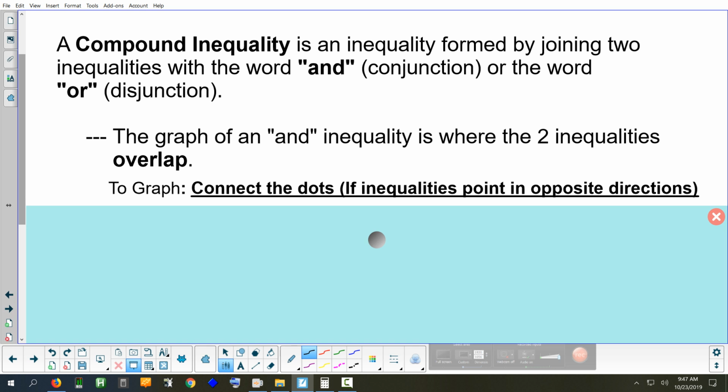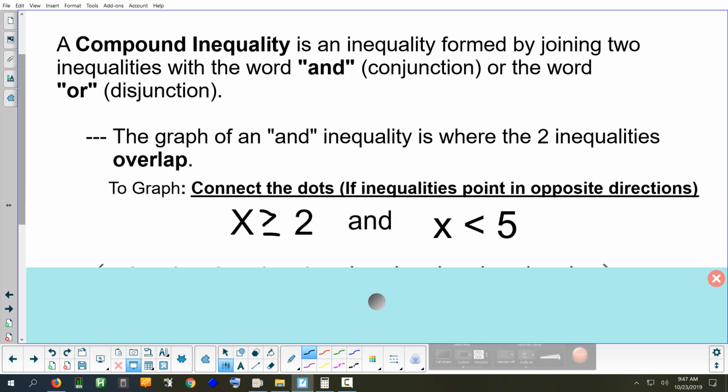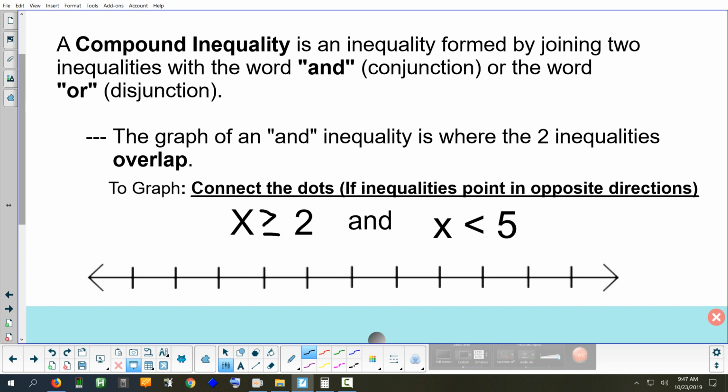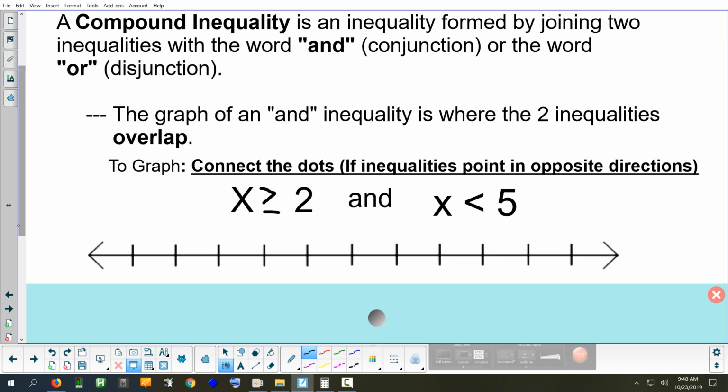When we graph an and, what's usually going to happen is we're going to have two dots and we're going to end up connecting them. I'm going to show you guys a little example with this one. Now, there are some other things that can happen with and, right? But most of the time for you guys, I'm going to give you ones where you have to connect the dots. That's the most common thing that can happen.